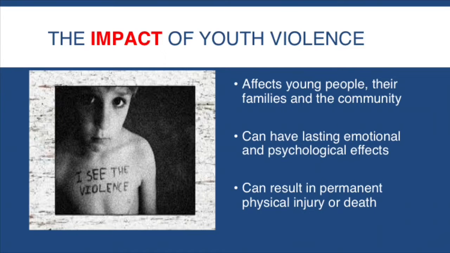Violence at any age can have traumatic effects. It can reshape their entire future, propagating violence later in life if not recognized and intervened upon appropriately. Depending on the type of incident, the student could sustain physical injuries or even death.